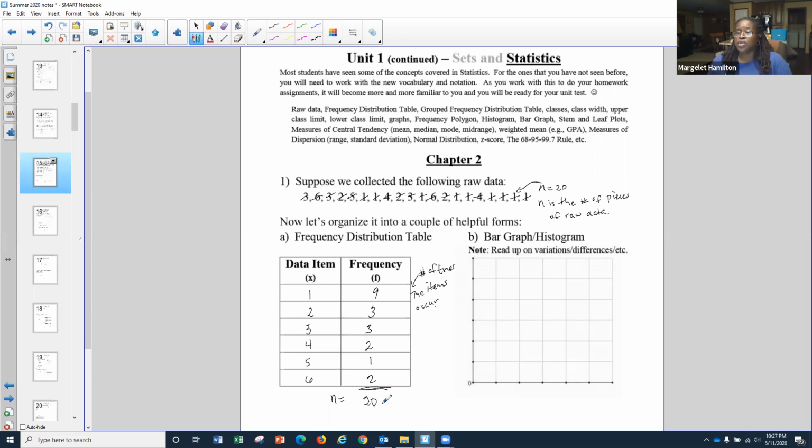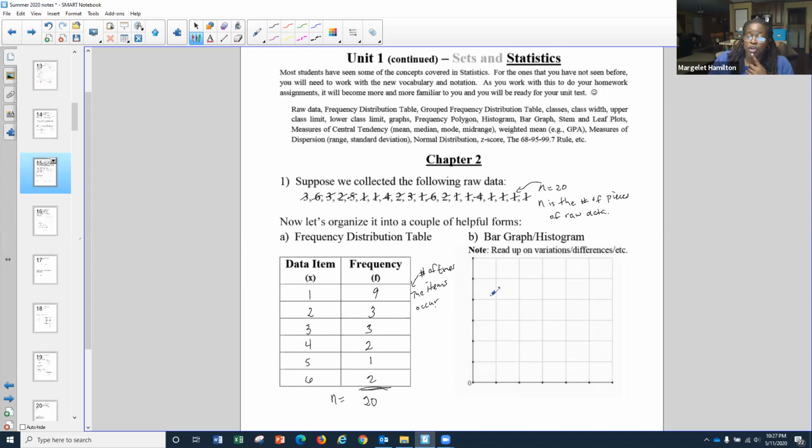Make sure you read the directions when you're doing the homework, because some of the bar graphs will be merged together, not separate all the time, or some will be close, and they'll tell you in the directions what to look for. So be very careful in what you're looking for.